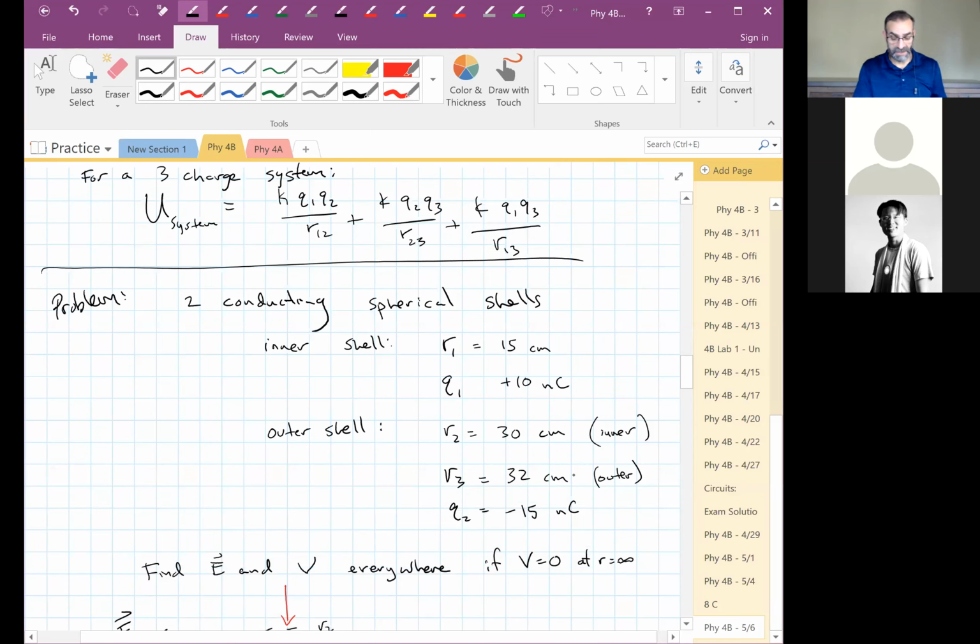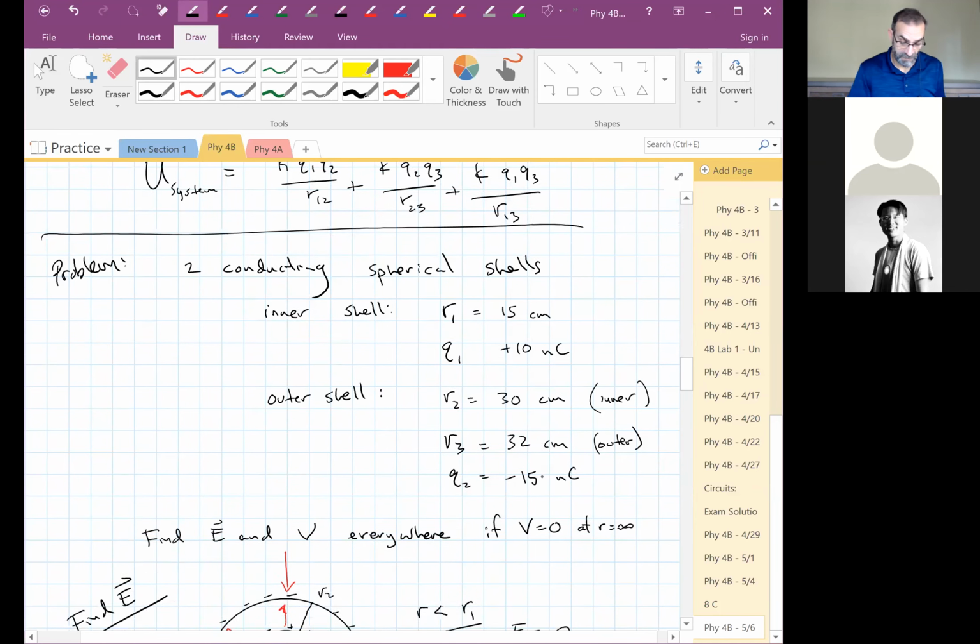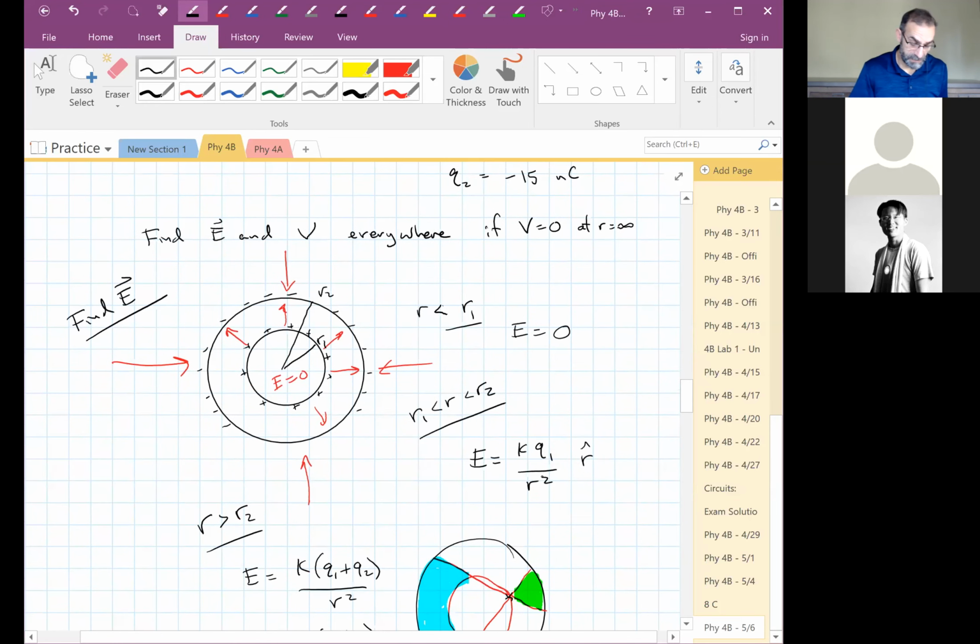How about we give it a 2 centimeter wall thickness. So it looks like this.